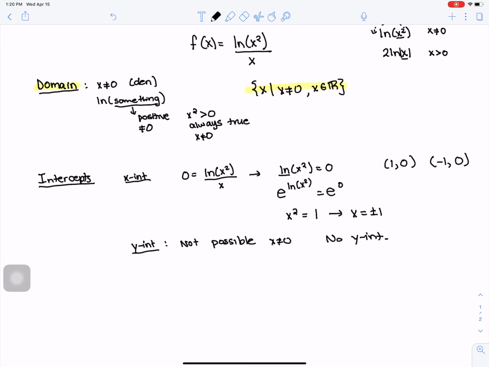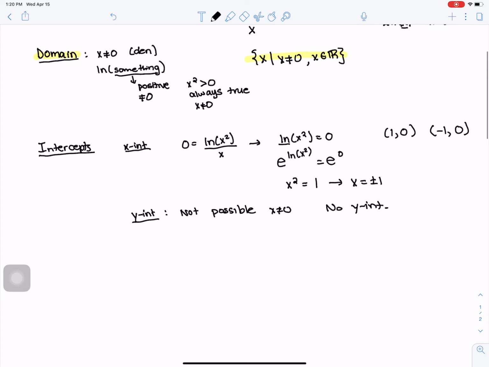What do we think it is? Well, if I sub 0 into my function, I get something that's a problem divided by something that's a problem. So just kind of be aware of that as we look through this example. Let's summarize that information. So there's my x-intercepts, my y-intercept, there is none.